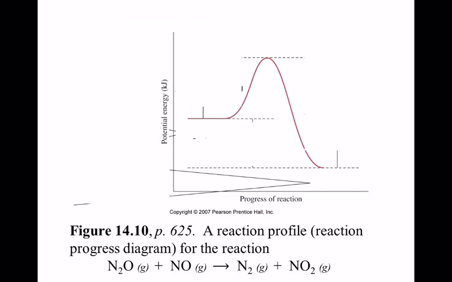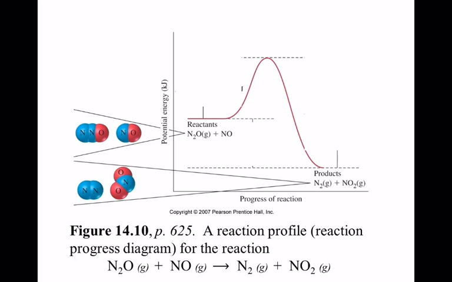Okay, so that was pretty generic. Let's look at N2O reacting with NO. Okay, so on the reactant side, it looks like it's going to be an exothermic reaction, as it's written from left to right anyway. The products, kind of a visual of those. Delta H of your reaction, negative 139 kilojoules.